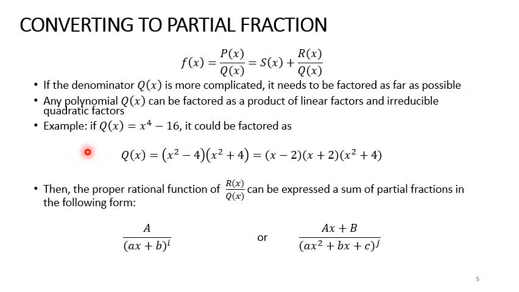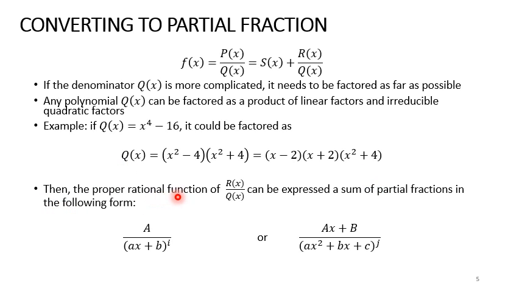For example, if you're given q of x equal to x to the power of 4 minus 16, you can factor this polynomial into x squared minus 4 times x squared plus 4. Also from this x squared minus 4, if you recognize, you can further factorize it into x minus 2 times x plus 2. Okay, so this would be the most simplified version of the polynomial q here.